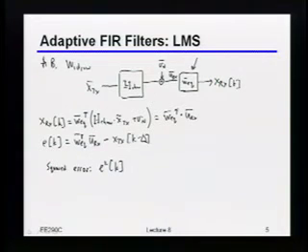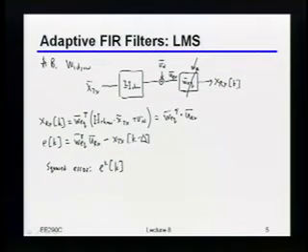Okay, so that's, of course, just e squared of k. Now, if I just gave you a Math 101 or a Calc 1 kind of problem and said, here's some function and I want you to minimize it, what would you do? Take the derivative. Yeah, you take the derivative. So in this particular context, remember, the thing that we're tuning is the transmit equalizer coefficients.